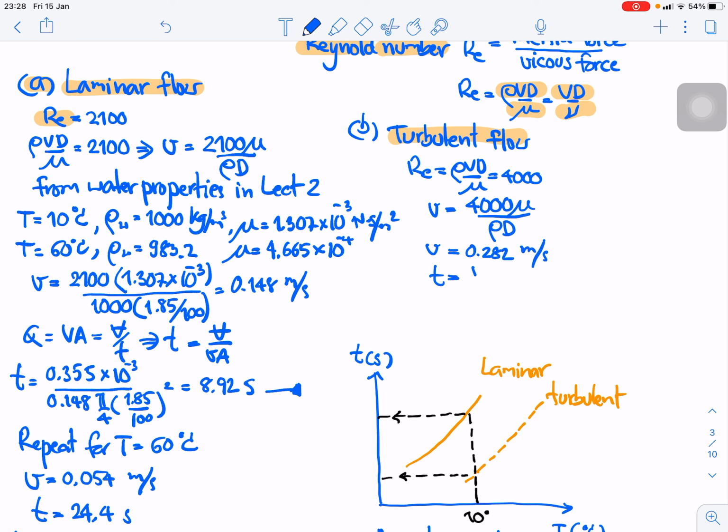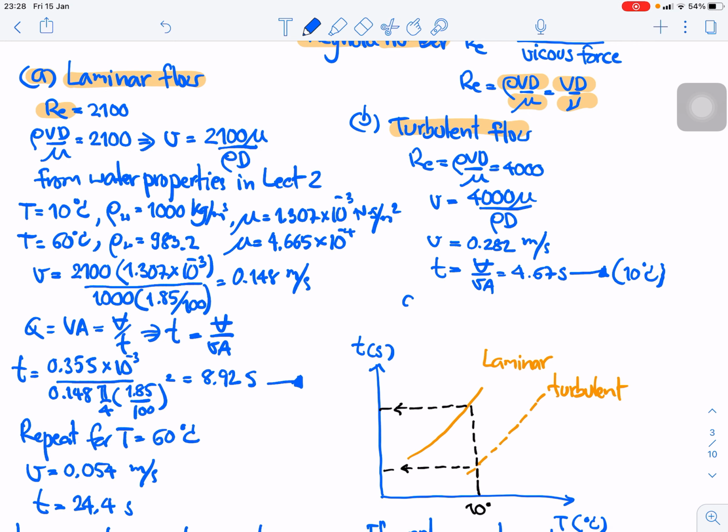And T is equal to the volume divided by the velocity and area, and we got 4.67 seconds. That is for 10 degrees C. And if we increase to 60 degrees C, we found that the velocity is smaller, 0.11. Okay, and T is 13 seconds.